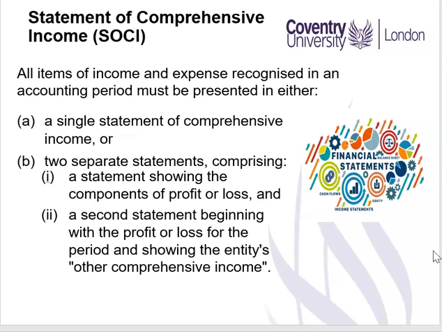One statement shows the components of profit or loss, and the second statement begins with the profit or loss for the period, and then shows other comprehensive income. As I said, for this particular module this semester, we will focus on the first format, which is a single statement of comprehensive income.